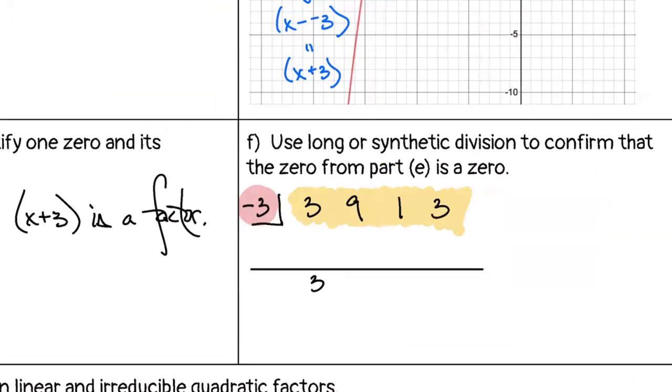Drop the 3. -3 times 3 is -9. -9 plus 9 is 0. -3 times 0 is 0. 1 plus 0 is 1. -3 times 1 is -3. 3 plus -3 is 0. My friends, we have confirmed that x plus 3 is a factor because we ended up with a remainder of 0.